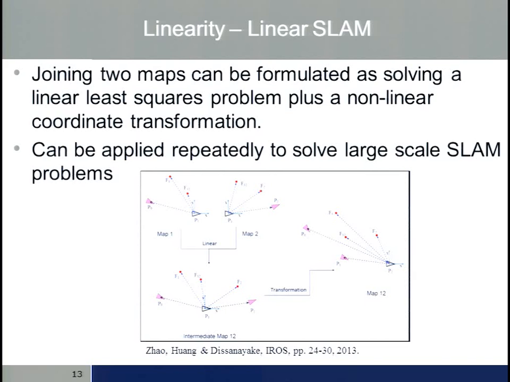And the insight here is that if you have 2 maps which are at the same base coordinate frame, joining them doesn't involve any orientations. Orientation is what gives the nonlinearity to the problem. And therefore, this process can be made linear. And then once you join them, you end up with a map about this coordinate frame. You do a coordinate transform to transform the map into any arbitrary other coordinate frame.